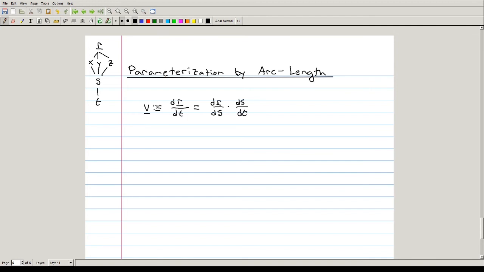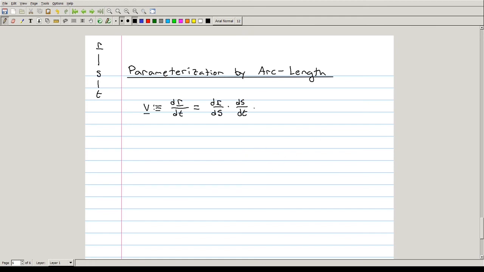And this is from the basic chain rule just applied to this chain right here. You don't even need to think of r depending on x, y, and z right now if you don't want to. It's relatively straightforward to see this, hopefully. So from the basic single variable chain rule, we have this result right here.